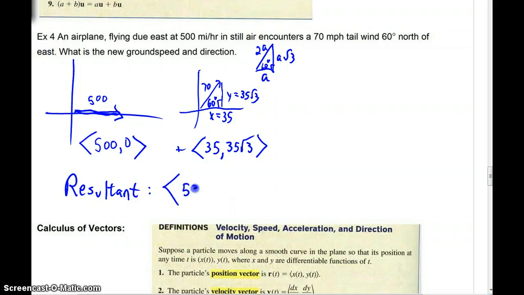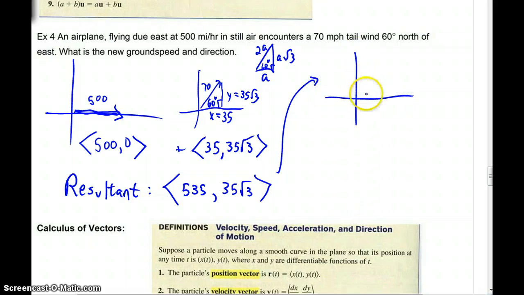That would be 535, and 0 plus 35 root 3, of course, is just 35 root 3 itself. So what we're seeing is this. This airplane is going to be on a new path. You can see that 535 is our x component, our y component is 35 root 3.